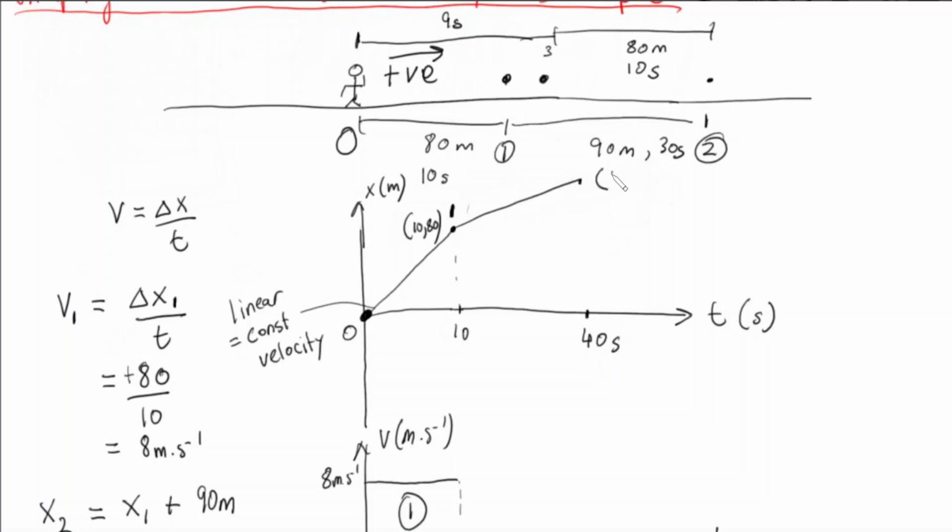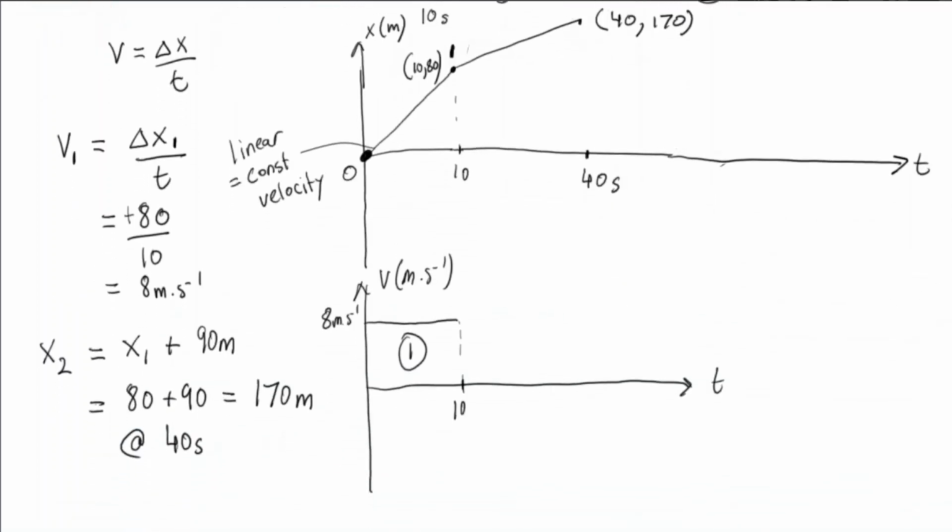So we've got 40, 170. And I have a feeling we're going to need some more space, so let's extend this graph out a little bit more and make it a bit longer, like this. And we'll do the same thing for our bottom graph, just so we have enough space.